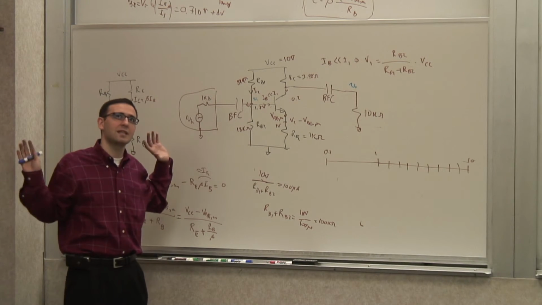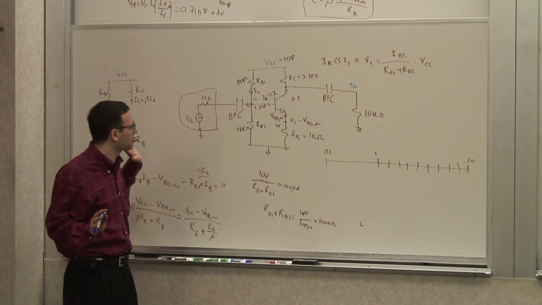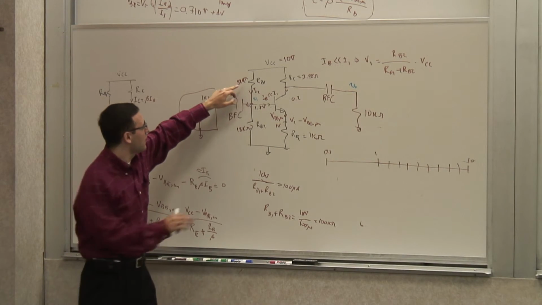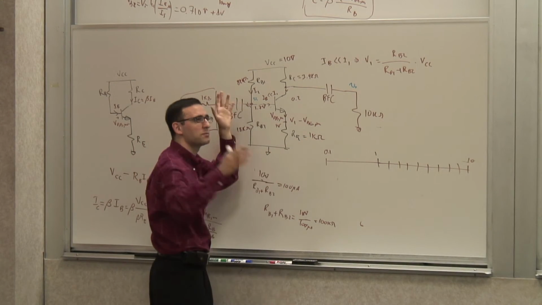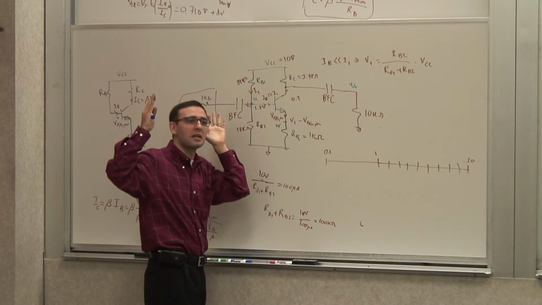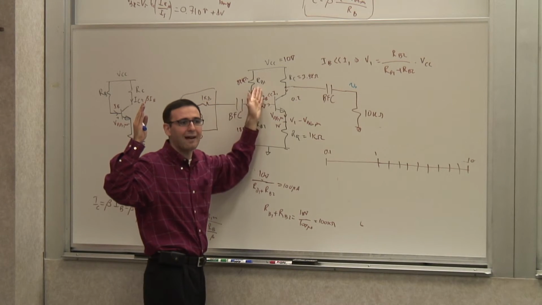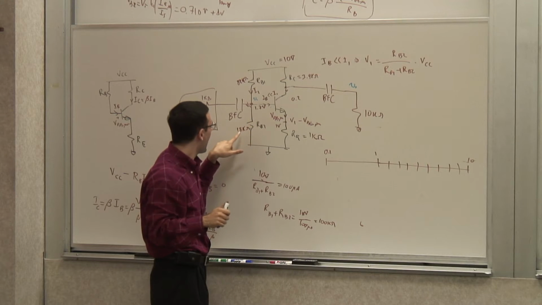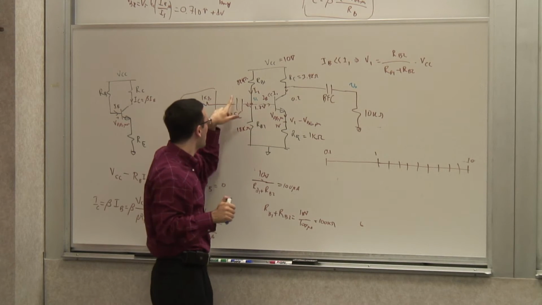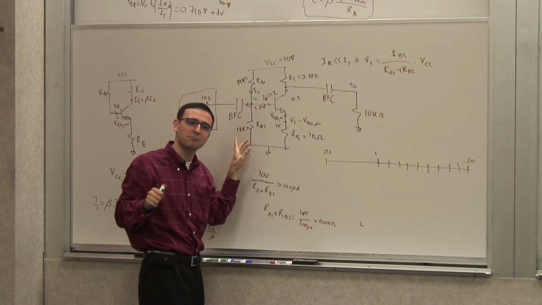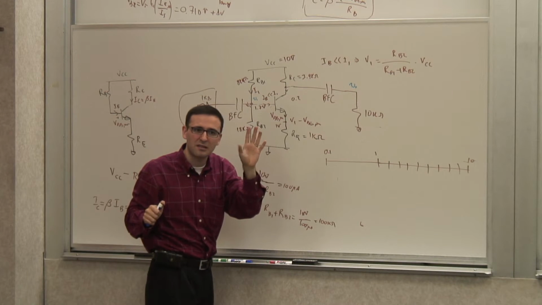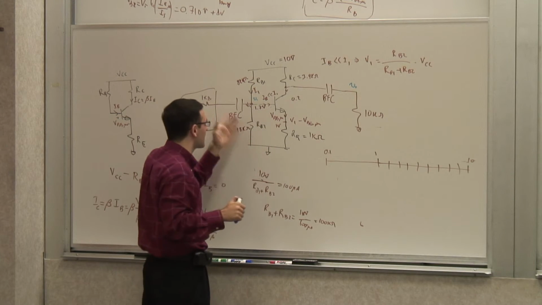I could try to sit down and write them down, put them in my calculator, but I know 18 is more significant. So the parallel combination of 82 and 18 is probably going to be around 40-ish or so, about half of the smaller one. And so it's 40 in parallel with 20, that gives me about 13.